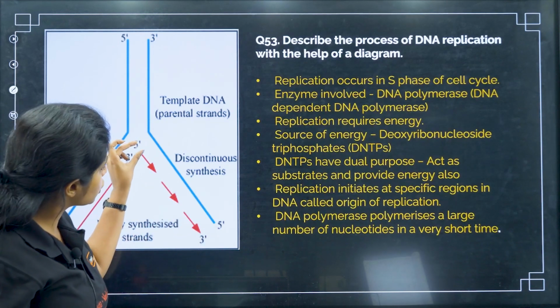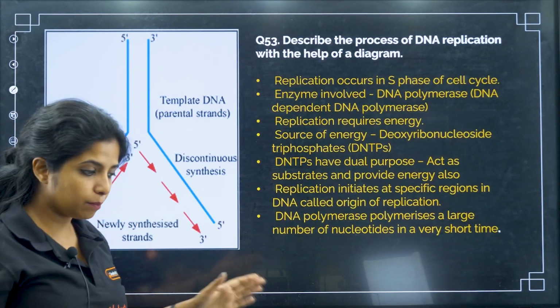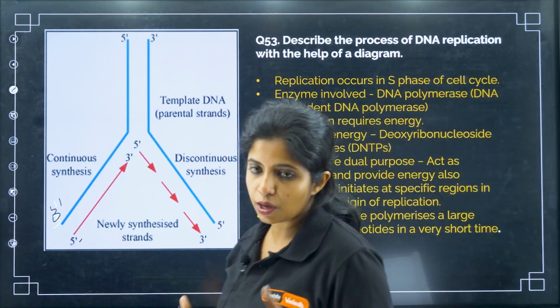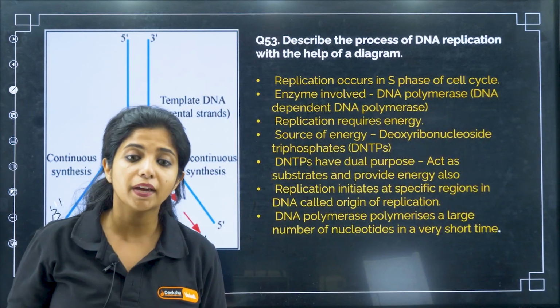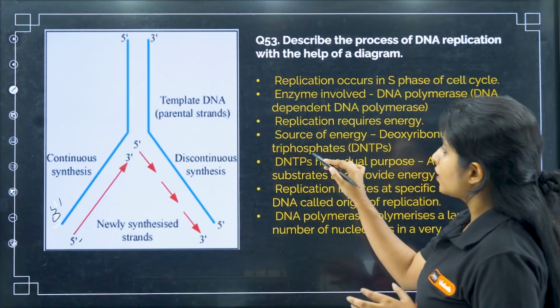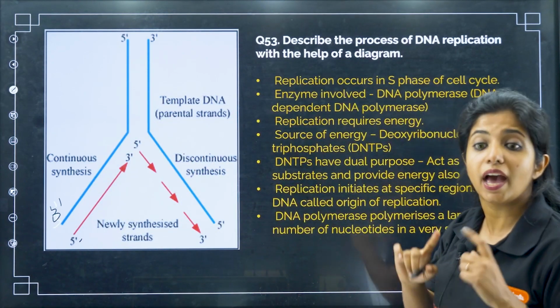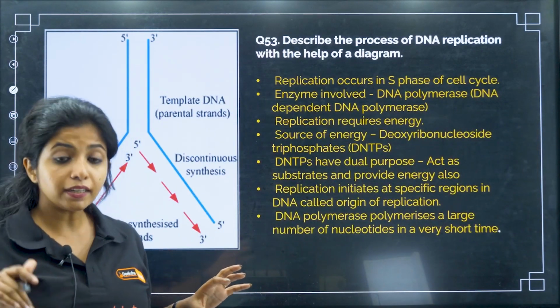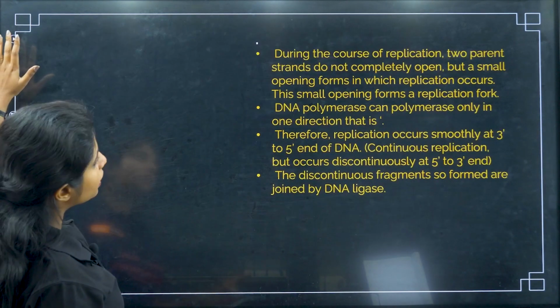So every time it has to attach a primer, which is why there are broken fragments known as Okazaki fragments, and they join together with the help of DNA ligase. For this you need DNA polymerase. Apart from that, you need nucleotides also. Nucleotides, my dear children, that is deoxyribonucleotide triphosphates, act as an energy source and also as a substrate for the whole process, and it needs an origin of replication as well to begin things.